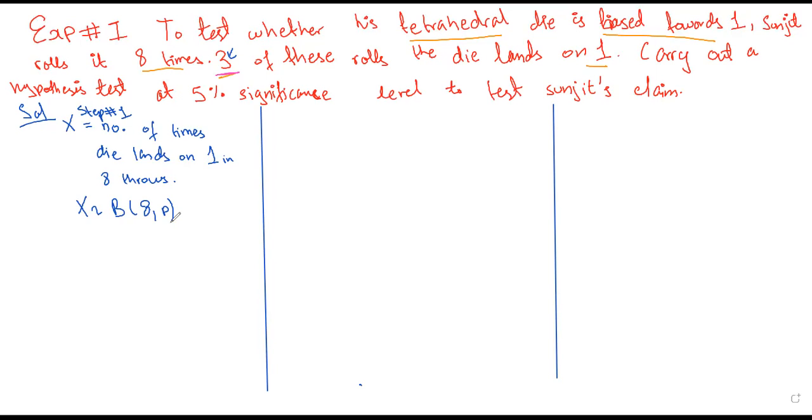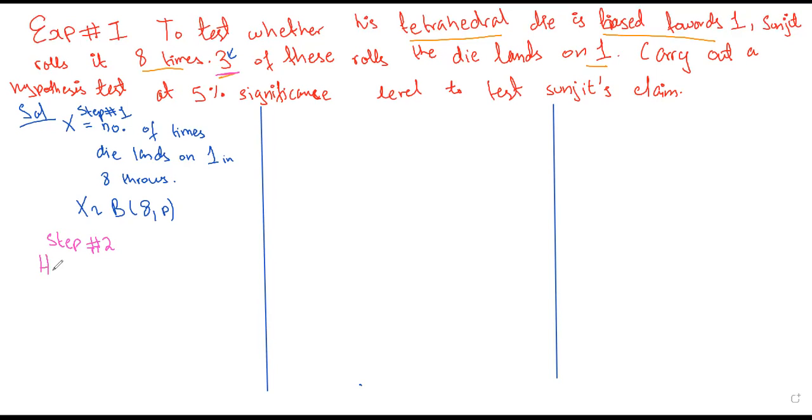Right. Okay, so we're done with step 1. Now it's step 2. Can you please read step 2? Step 2 is state H0 and H1, whether the test is one-tailed or two-tailed, and the significance level. Okay, very good. So what is H naught, H0?